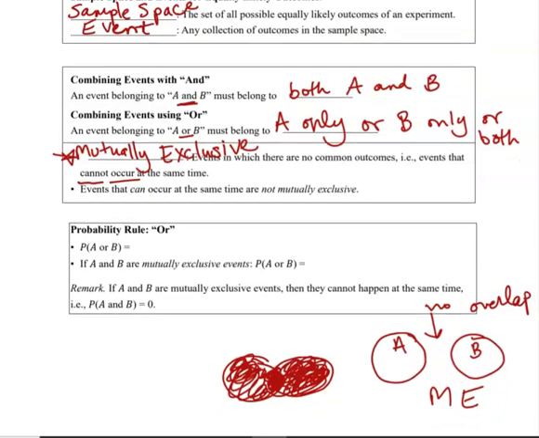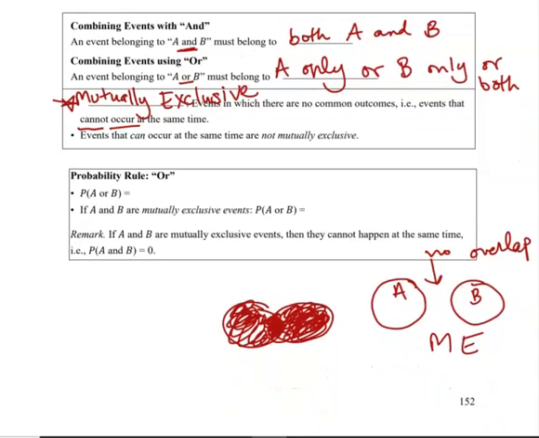So why is that important? Well, when we have a question involving or, this is something we need to take into account. If I'm asked to calculate the probability of A or B, that would be the probability of A plus the probability of B minus the probability of A and B, where they overlap, occurring.